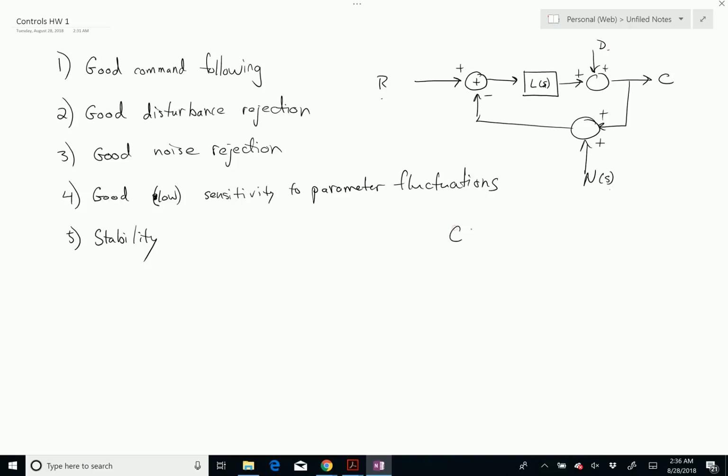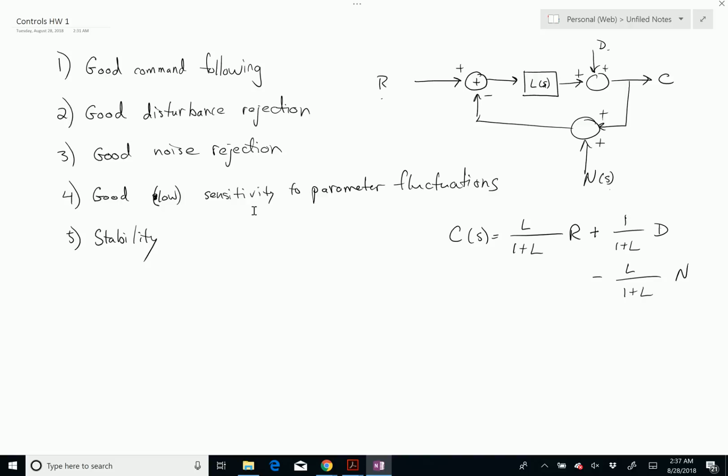And I said that ultimately C of S could be written as L over 1 plus L times R plus, as I've written it here, 1 over 1 plus L times D minus L over 1 plus L times N.